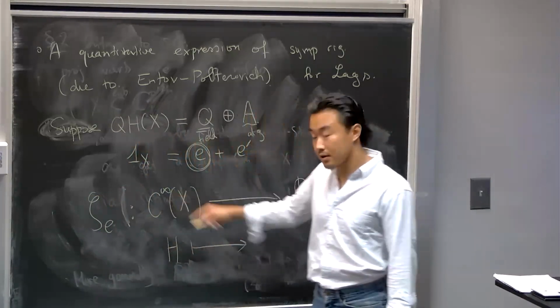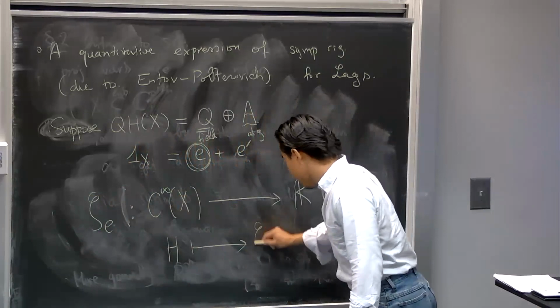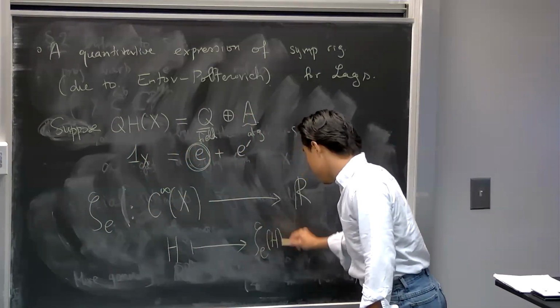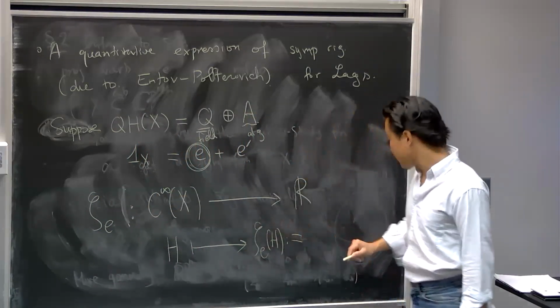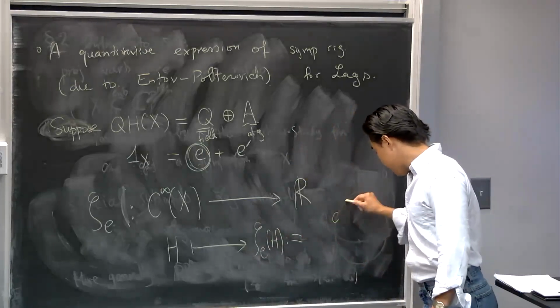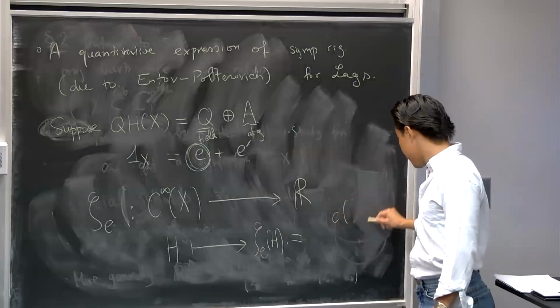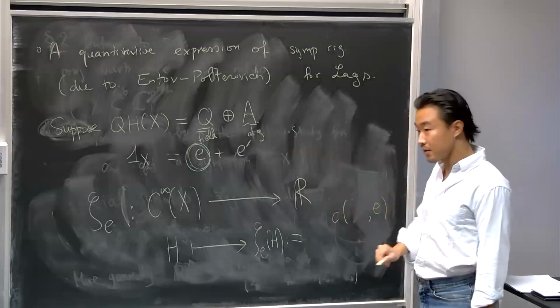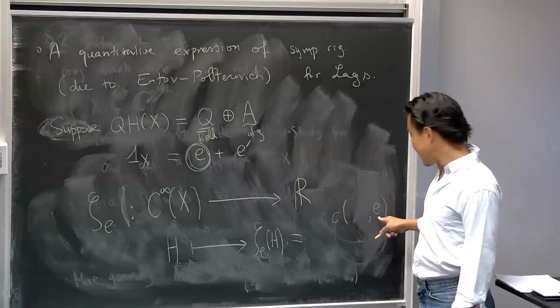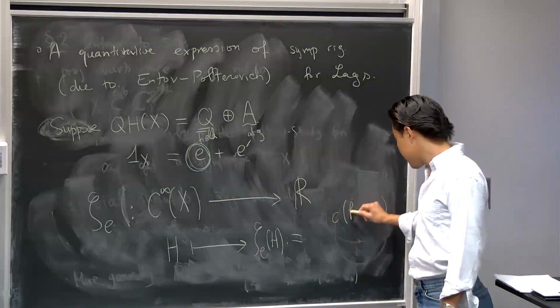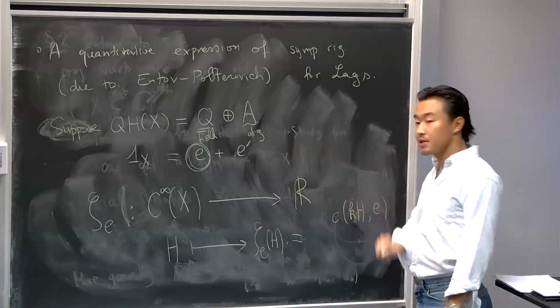I start from a function H, and the real number is defined in the following way. First of all, c is the spectral invariant, and I look at the spectral invariant for this idempotent e and H.